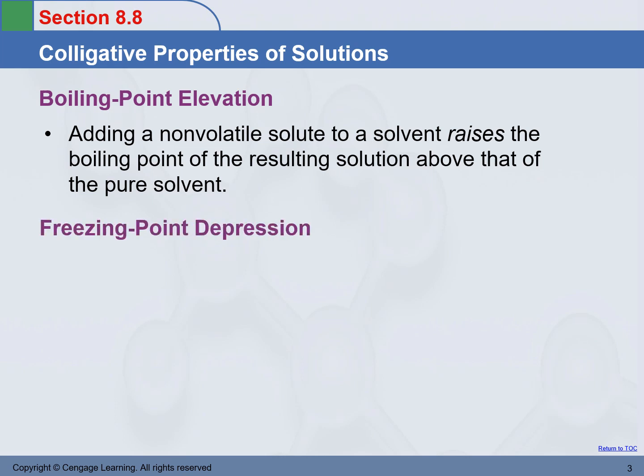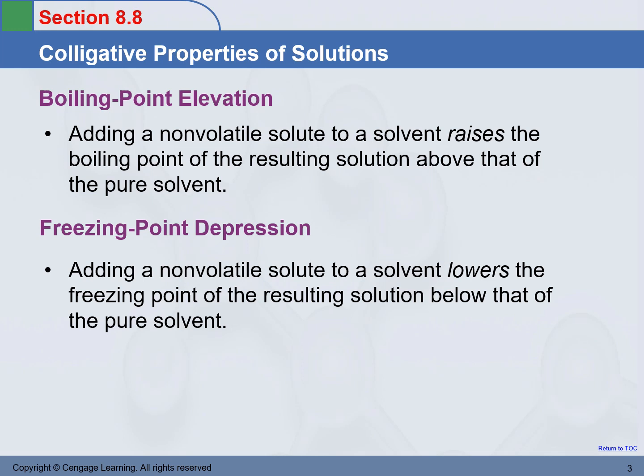Freezing point depression. A solution will freeze at a lower temperature than the pure solvent itself. Why is that? Well, let's think about what happens when a liquid freezes. Temperature drops, particles move slower and slower and slower.